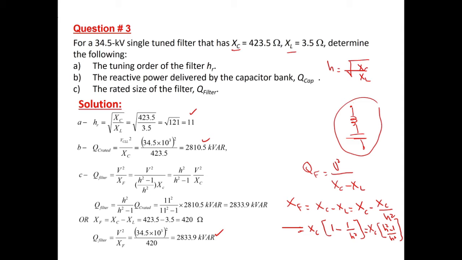So we can also replace XC minus XL by XC times H squared minus 1 over H squared, and then again V squared over XC will be equal to Q of the capacitor.